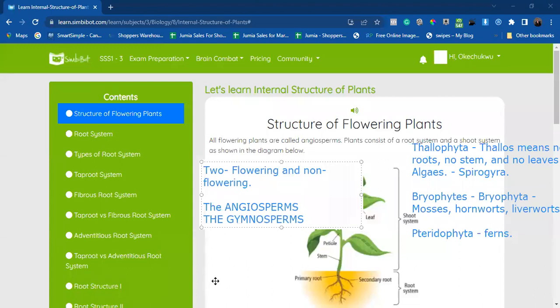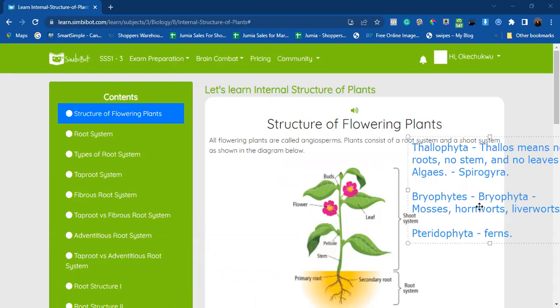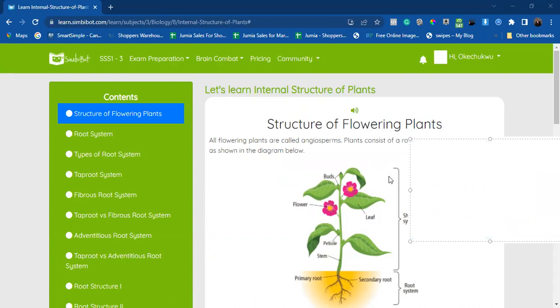The flowering plants are called angiosperms. Now they have a root and a shoot system.